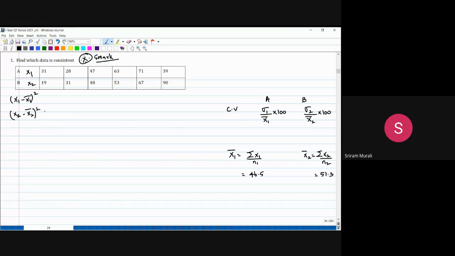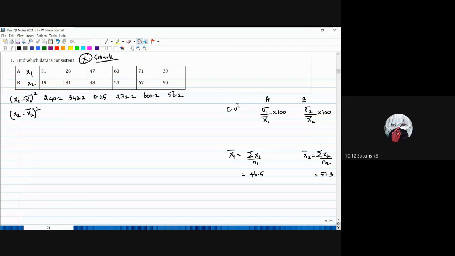What is 31 minus 46.5 and then square it? 240.2. 28 minus 46.5. Take a difference and then square. 342.2. 47 minus 46.5. This is 272.2. It is 600.2. It is 56.2. Have you understood?